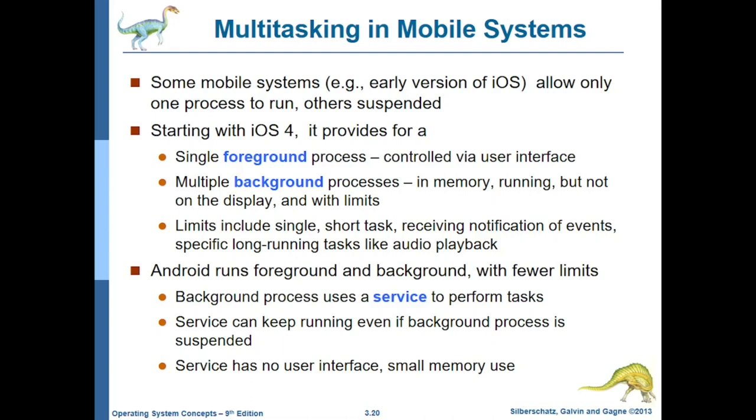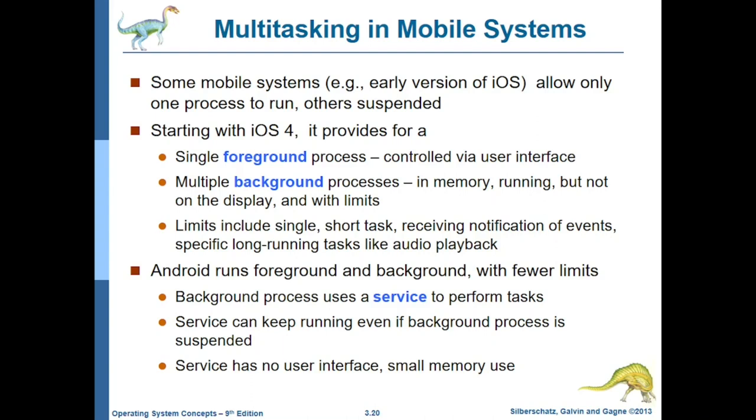Starting with iOS 4, Apple introduced a more flexible multitasking model. In this model, there is still a single foreground process that interacts with the user interface, but there are also multiple background processes that can perform certain tasks in memory.